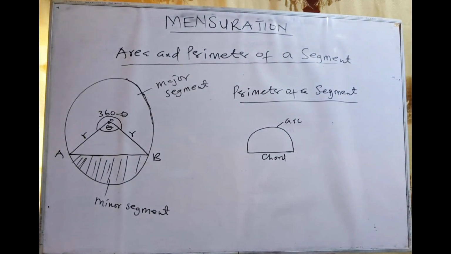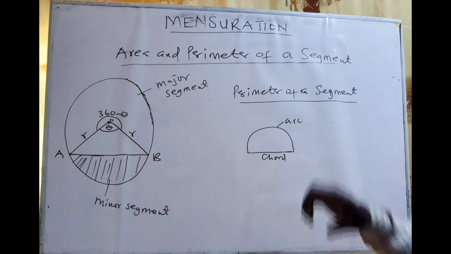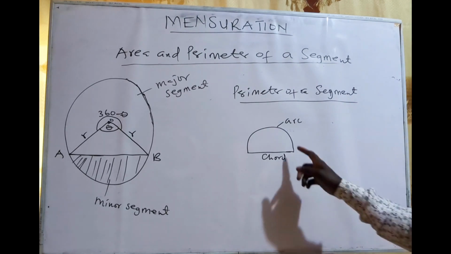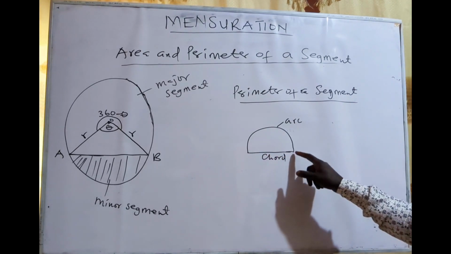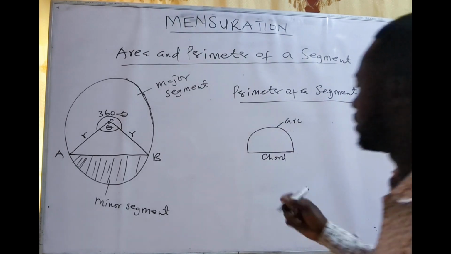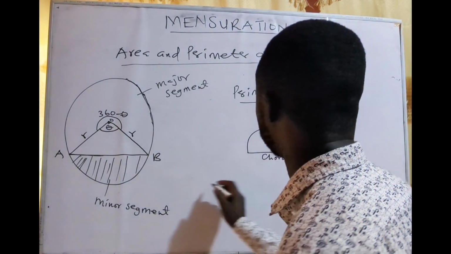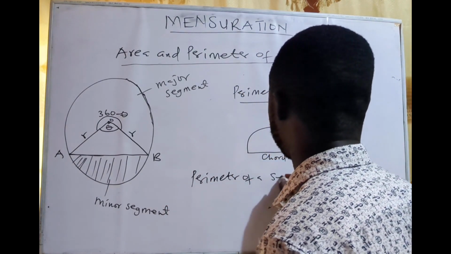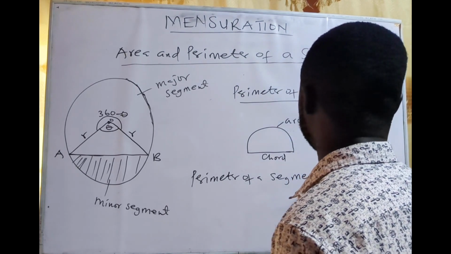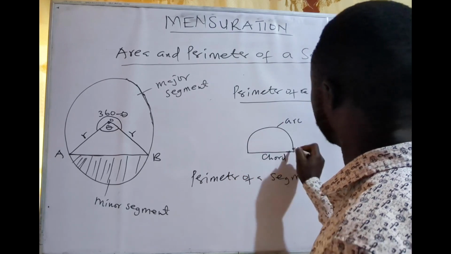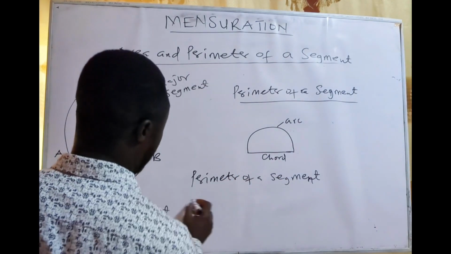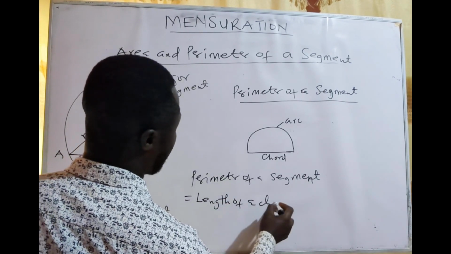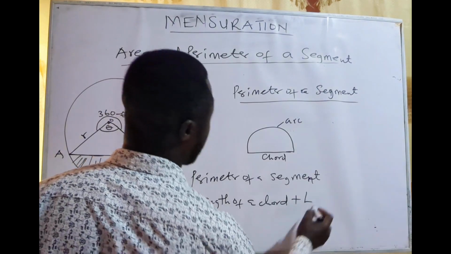So if I want to find the perimeter, what is the perimeter? The perimeter is the distance around the figure. So that will be the length of the chord plus the length of the arc.